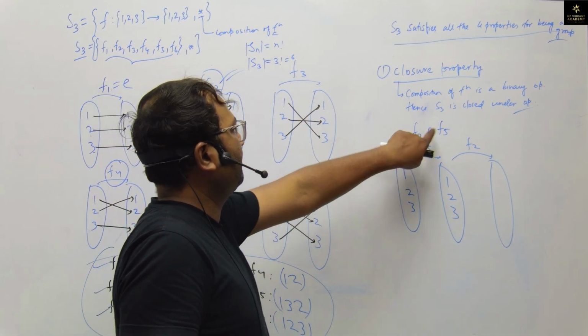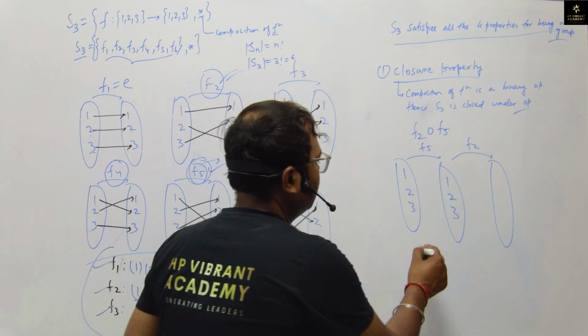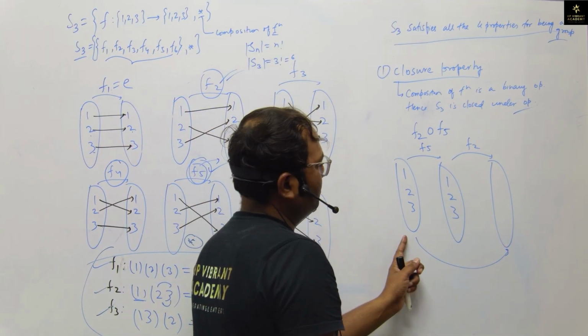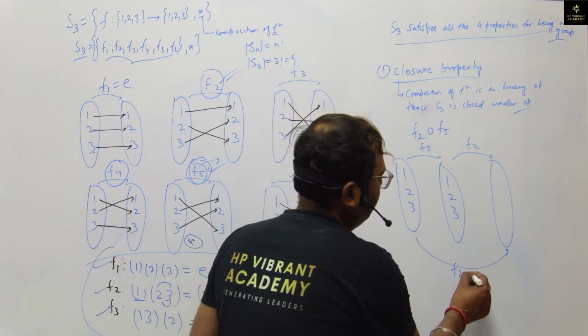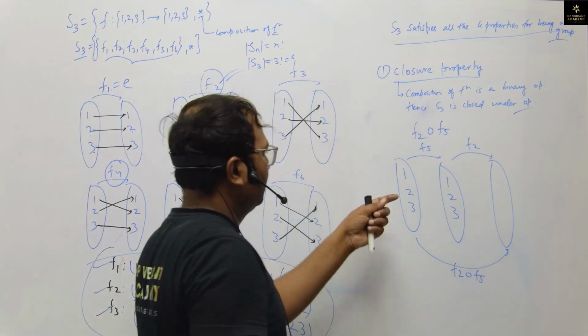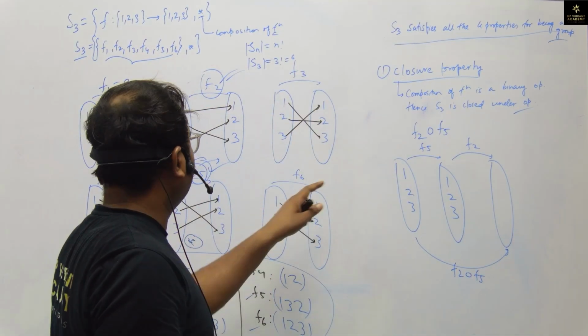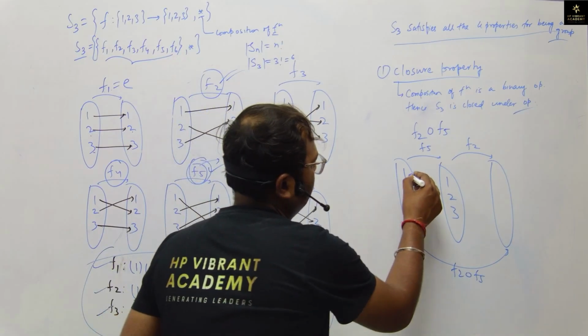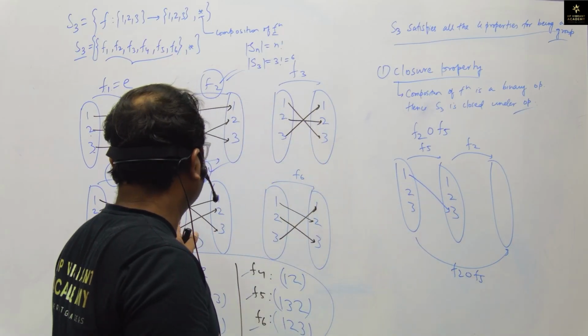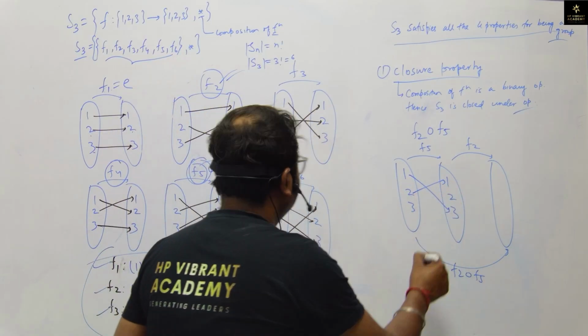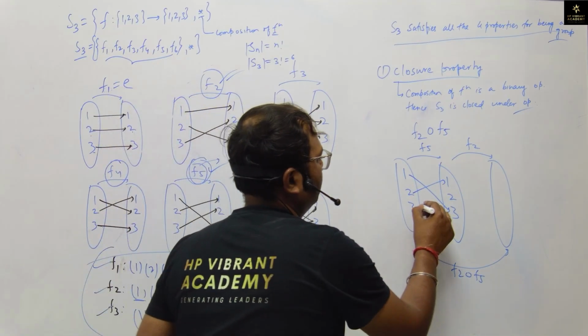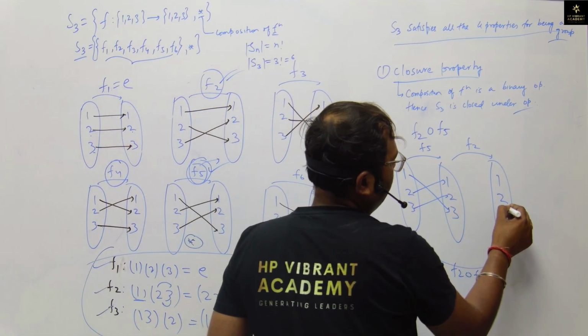In F5 we have 1 goes to 3, 2 goes to 1, and 3 goes to 2. Here also 1, 2 and 3.